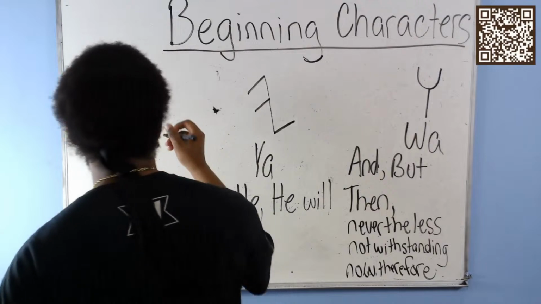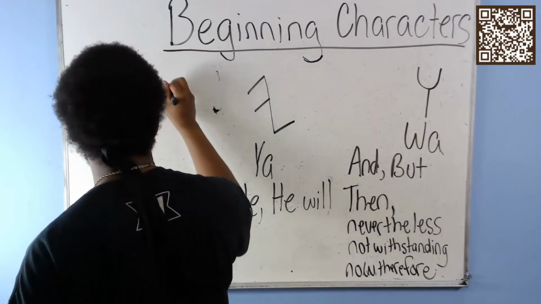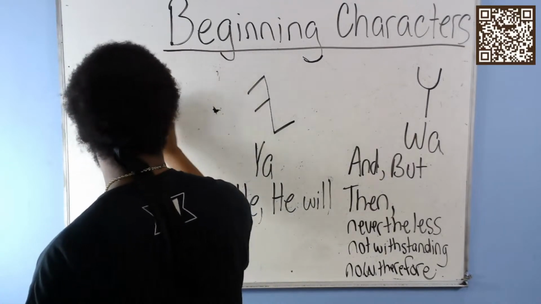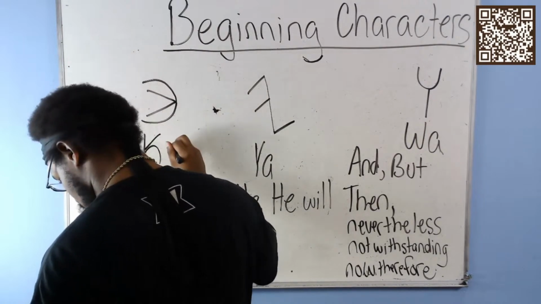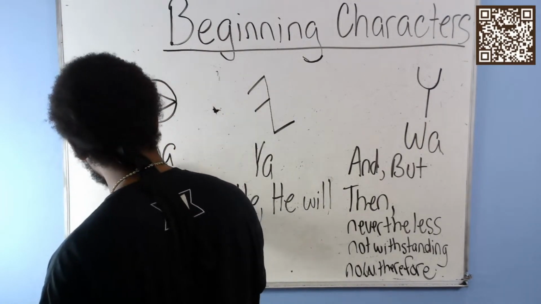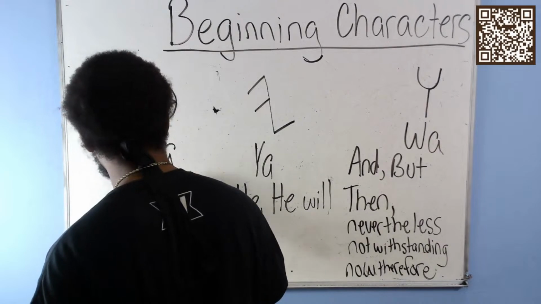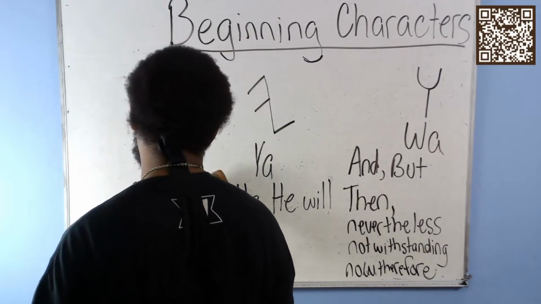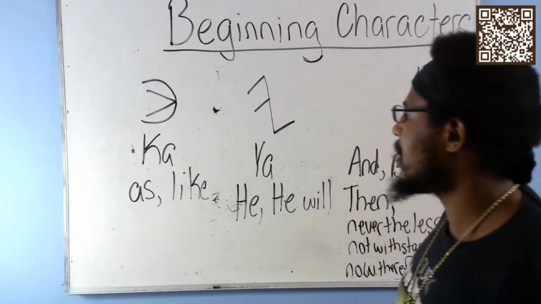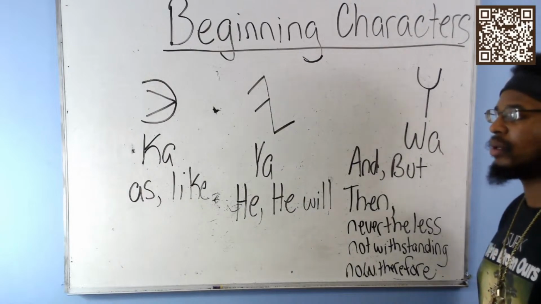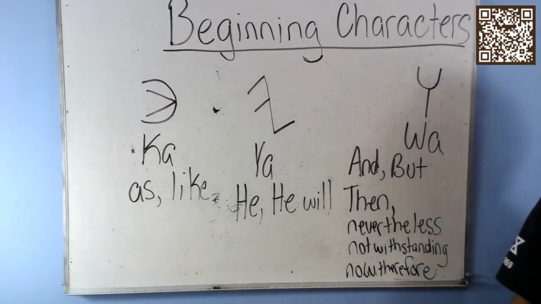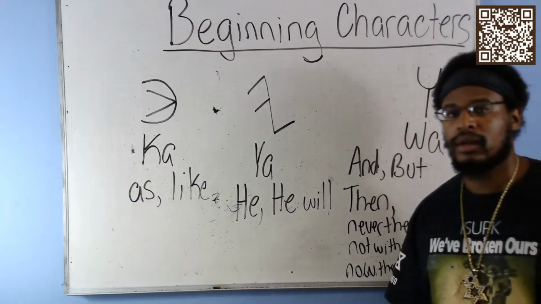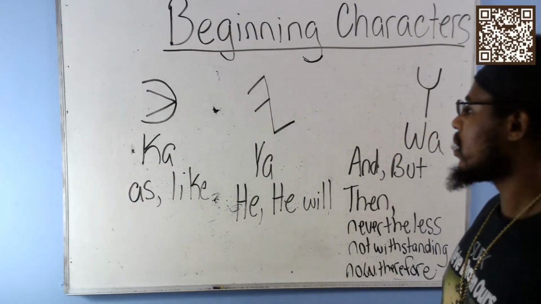So next we got is Ka. Ka means "as" or "like" when used at the beginning of a word.